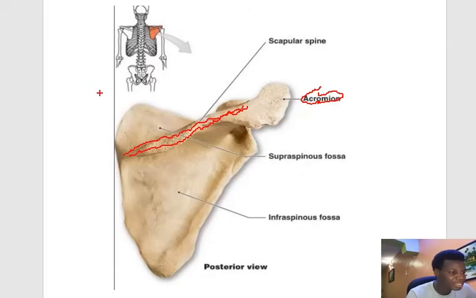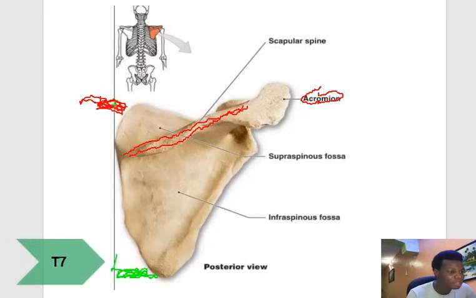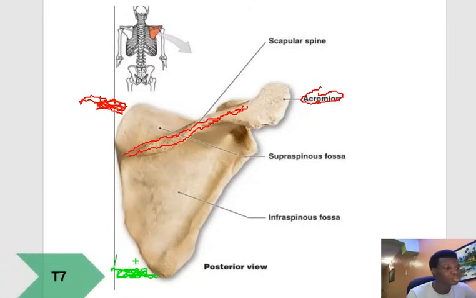Understand that the scapula runs from a thoracic vertebra to this part right here. The superior angle corresponds to T2, while the inferior angle corresponds to T7. Okay, so the scapula is said to run from T2 to T7.